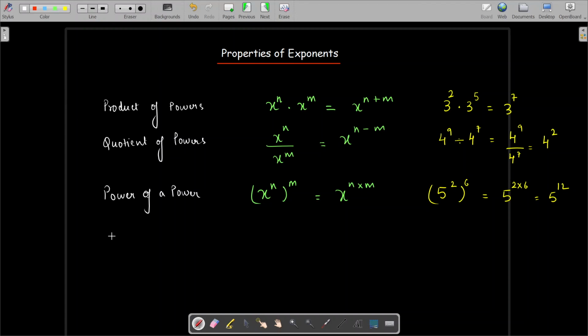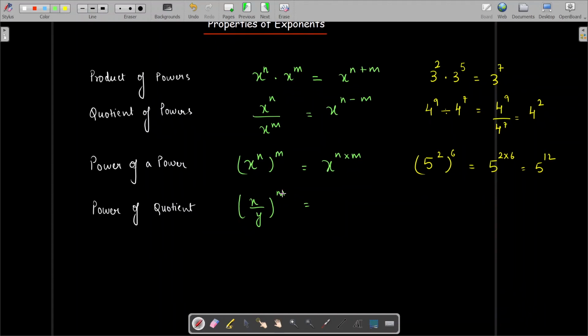Then you have power of a quotient. So if you have x divided by y, this is raised to some exponent m. This is quotient of x and y.